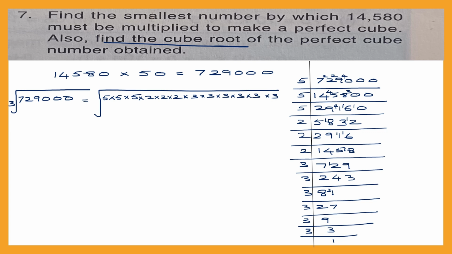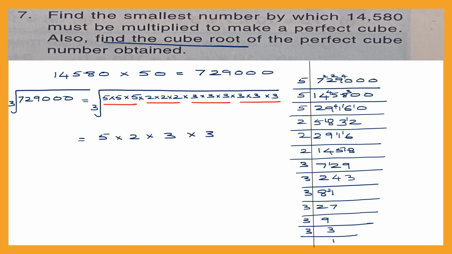Now let's make triplets. So here we have a triplet. We are finding the cube root, so let's write that there. So here we have another triplet, another triplet, another triplet. Take one from each triplet, so that is 5 into 2 into 3 into 3. So what do we have now?